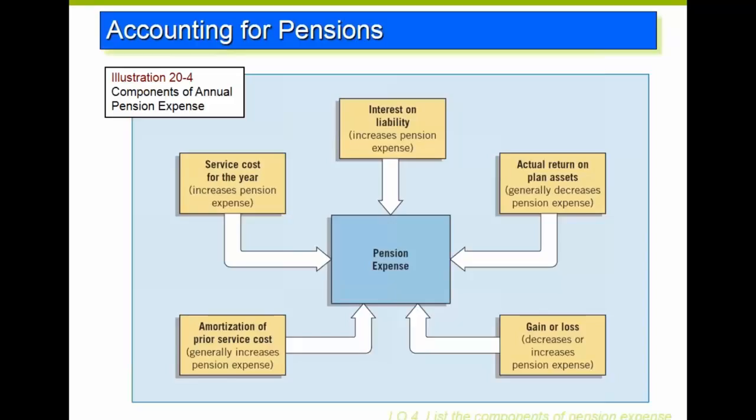Incrementally, that's going to change year to year. You notice the pool of money doesn't change, because we're still using the expected salary at retirement, and the actuaries are still counting on this gentleman to only live 20 years past retirement, so that bucket of money doesn't change, except for the fact that from last year to this year, he now has 6 years of service. That's what we call the service cost. The service cost is the incremental increase in the years of service as it impacts the retirement.